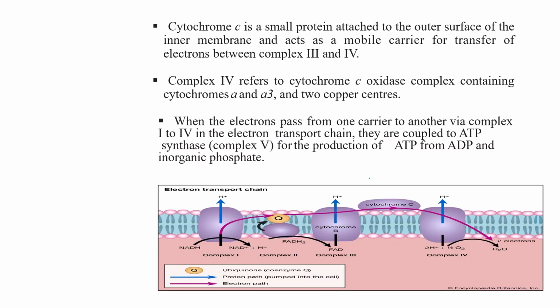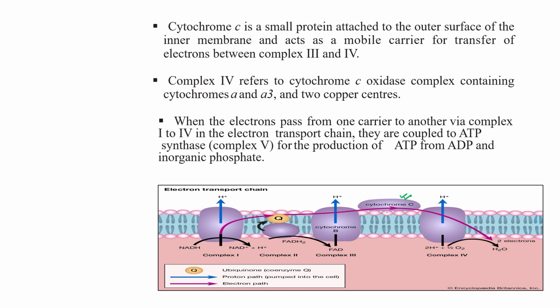Clear? Now, this cytochrome C, here we are talking about this cytochrome C. It is a small protein attached to the outer surface of the inner membrane. As you can see over here, this is the inner membrane and this is the outer surface.